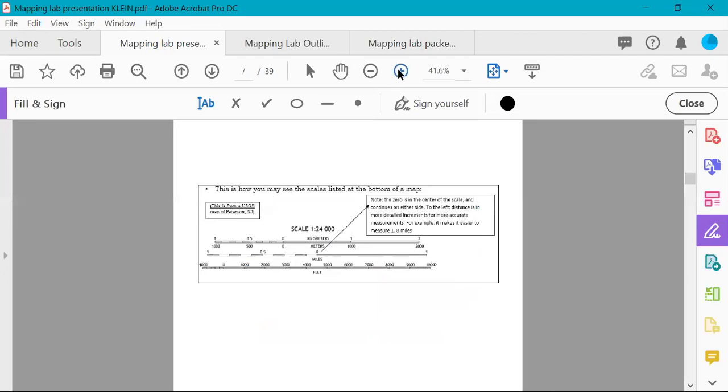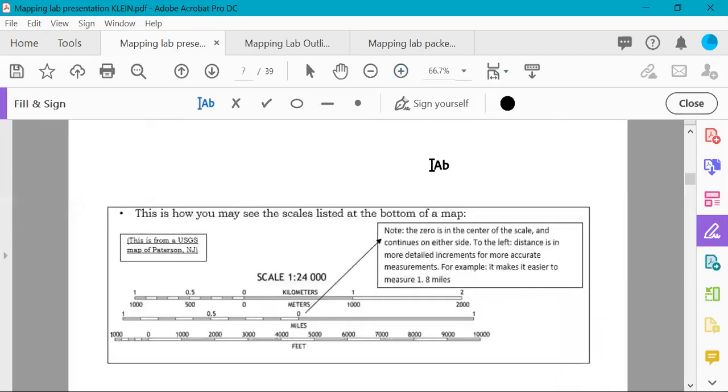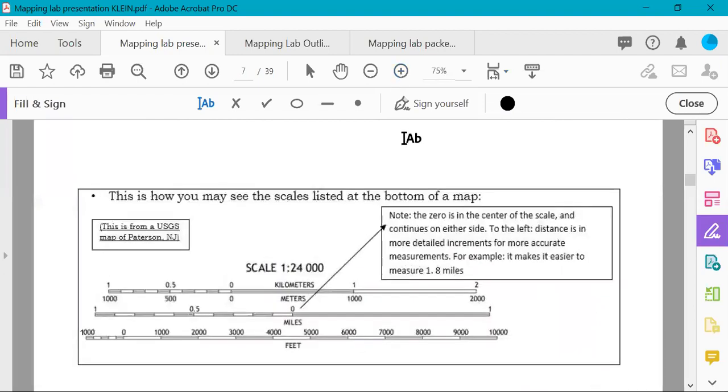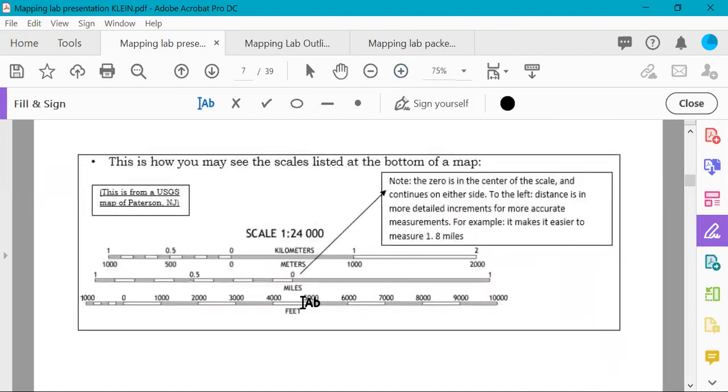This is how you would see a scale listed on the bottom of a map, where you have a line and it says, this line to this line is 1 kilometer, and then that's 2 kilometers. Here's miles, and then the bottom one is feet.